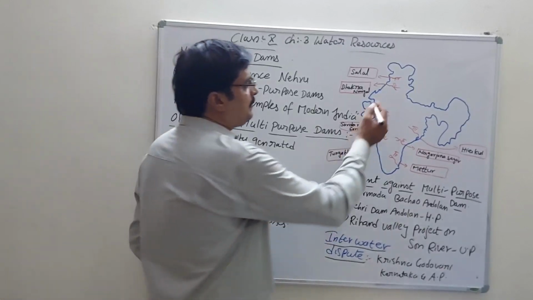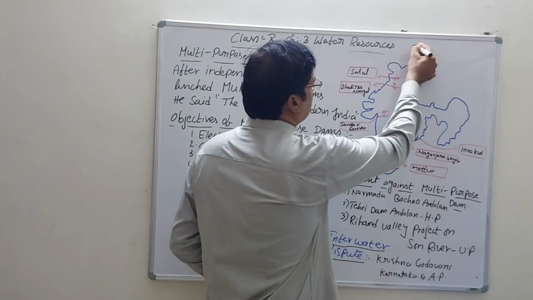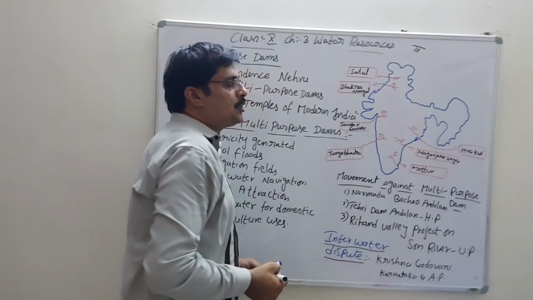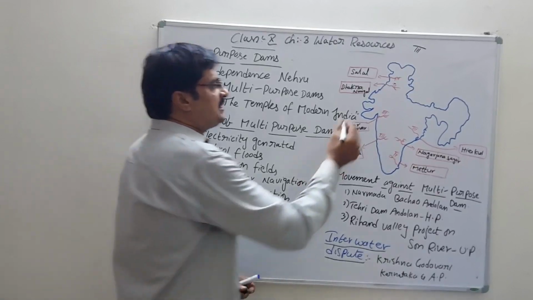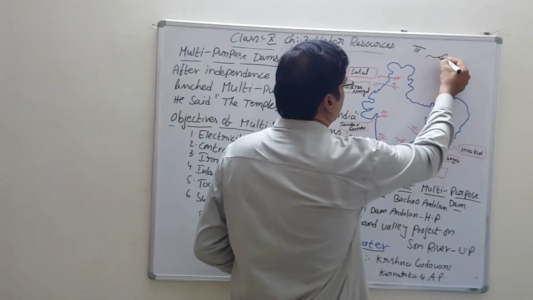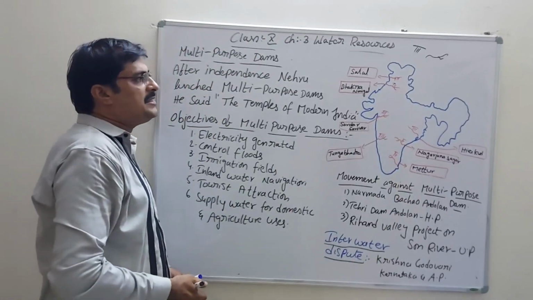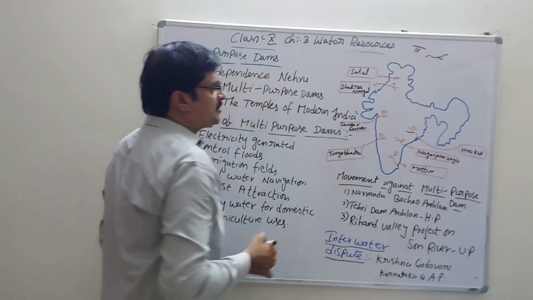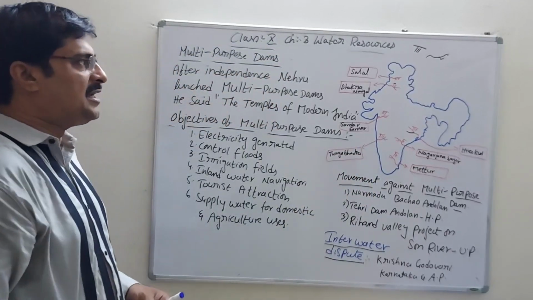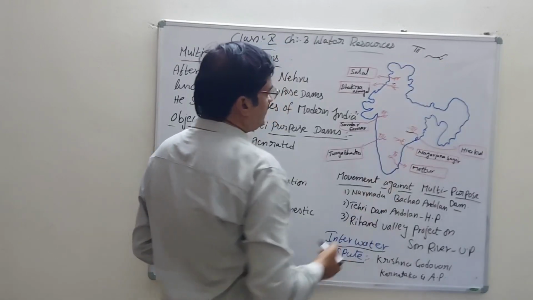This is the symbol of a multi-purpose dam. The dam symbol should be right on that place or on the river. This is the symbol of a river. If you draw the dam symbol and river symbol, it is one kind of attraction for the valuator.